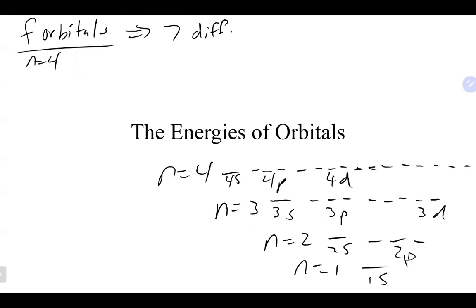I'll squeeze it in there. Or 4f. And once again, that would be the 4f subshell that could hold a maximum of 14 electrons if we filled up every single orbital in there.